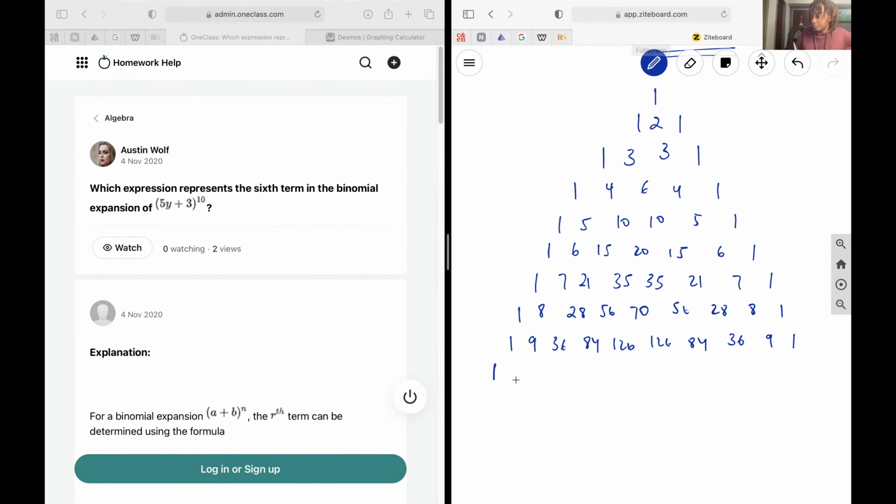We get 1, 10, 25, 120, 210, 252, 210, 120, 25, 10, 1.